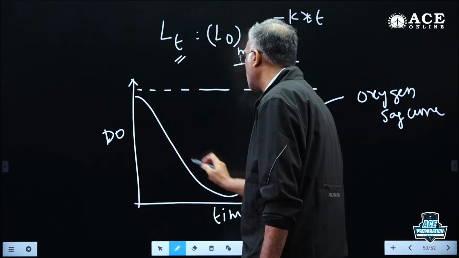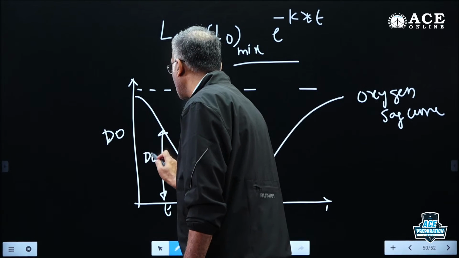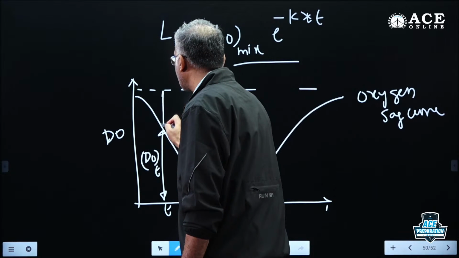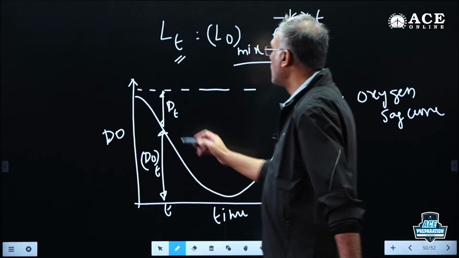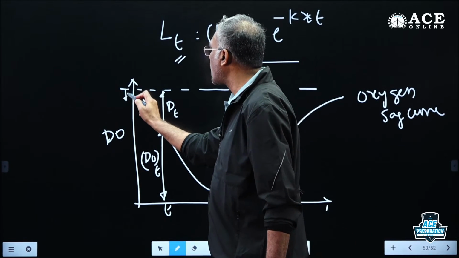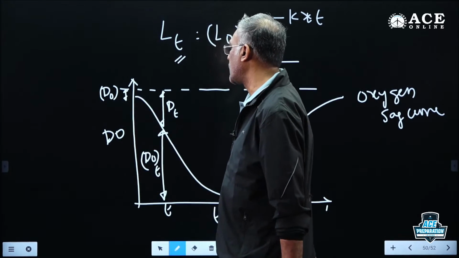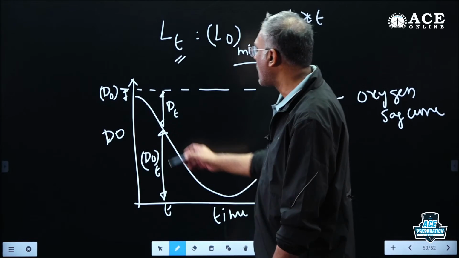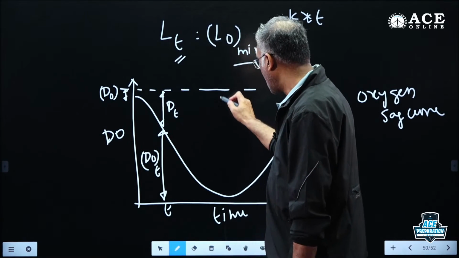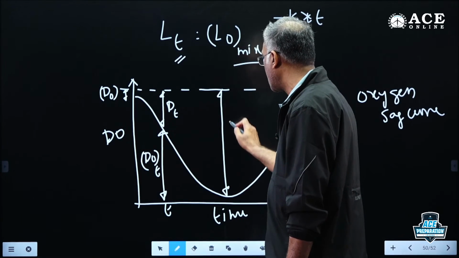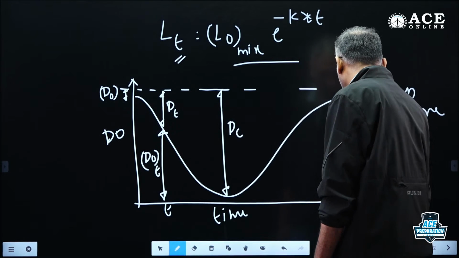This is DO at any time t, the dissolved oxygen in the river water at any time t, and this is the deficit of oxygen at any time t. In 2019 I think they asked about the initial deficit D0, the initial deficit of oxygen. Deficit at any time is Dt, and critical oxygen deficit is the maximum deficit, that is Dc.